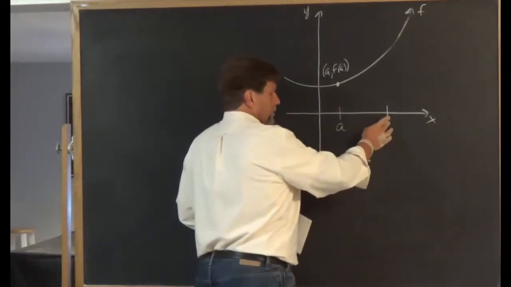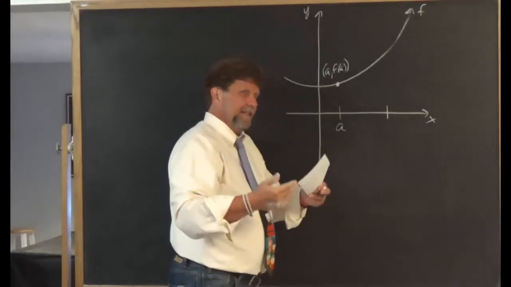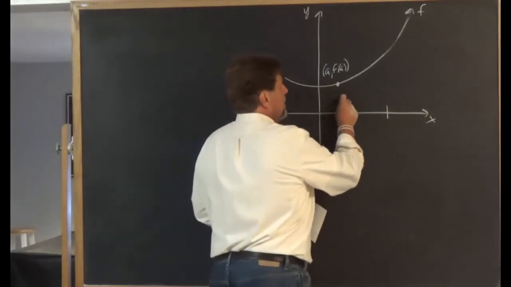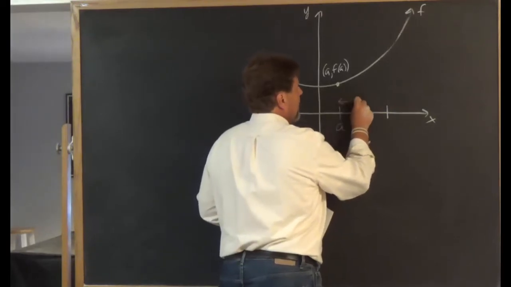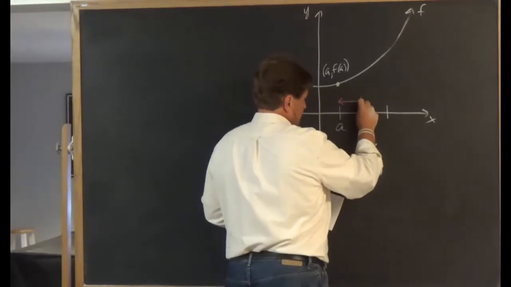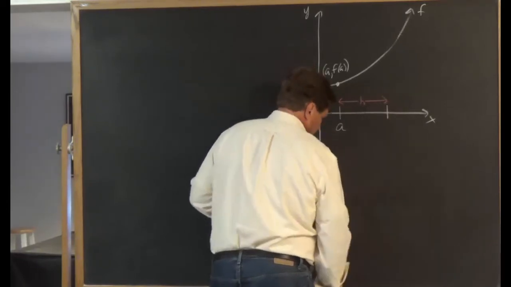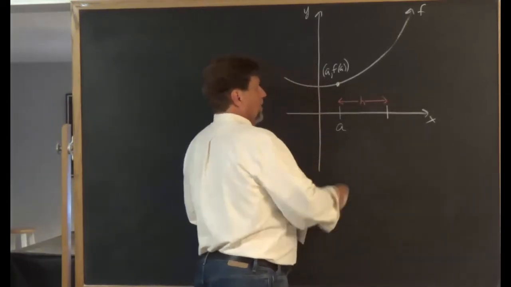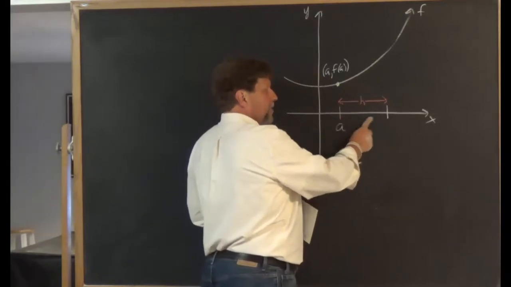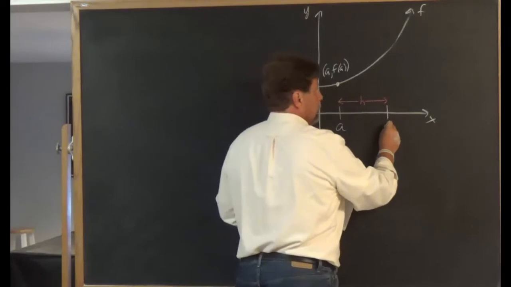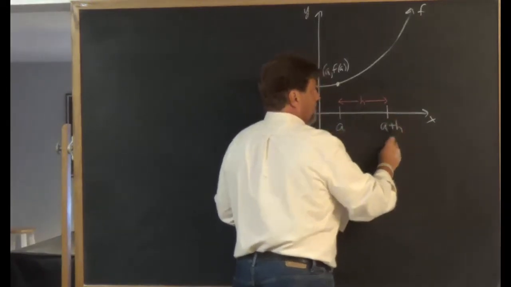I'm coming over here to the right, some arbitrary distance. I don't know what the distance is. I don't know how far it is. So let me just generically say that is a distance of h units. Well, if I'm starting at a and I move to the right h units, that should drop me off at a plus h.